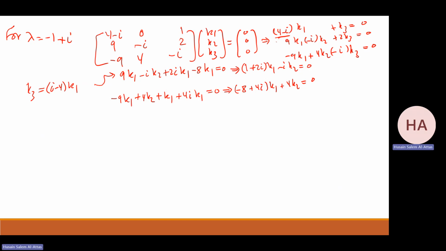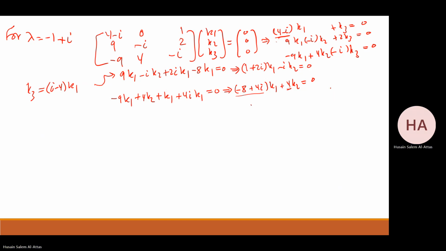Multiply this by minus i over 4, you get this. So multiply this by minus i over 4, you get 2i plus 1, the first. So these two equations are the same.